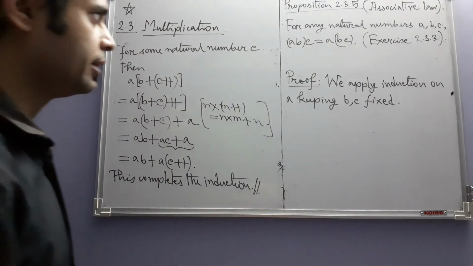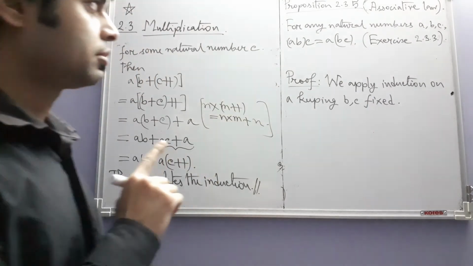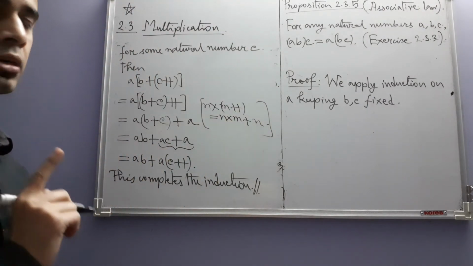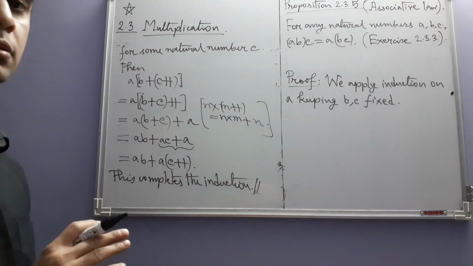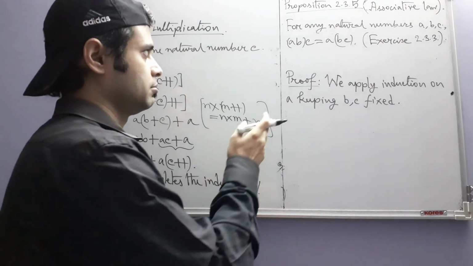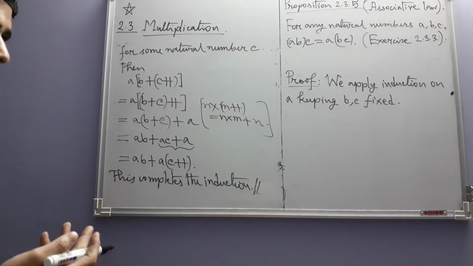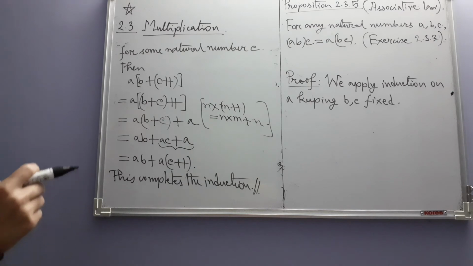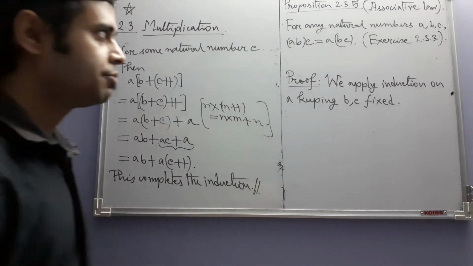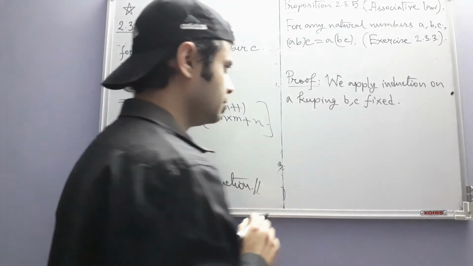Induction on A, I have already said this before, the variable on which we are going to apply induction is up to us. It depends on what sort of obstacles we come across while proving something. If some variable gives us problems, we try another variable.